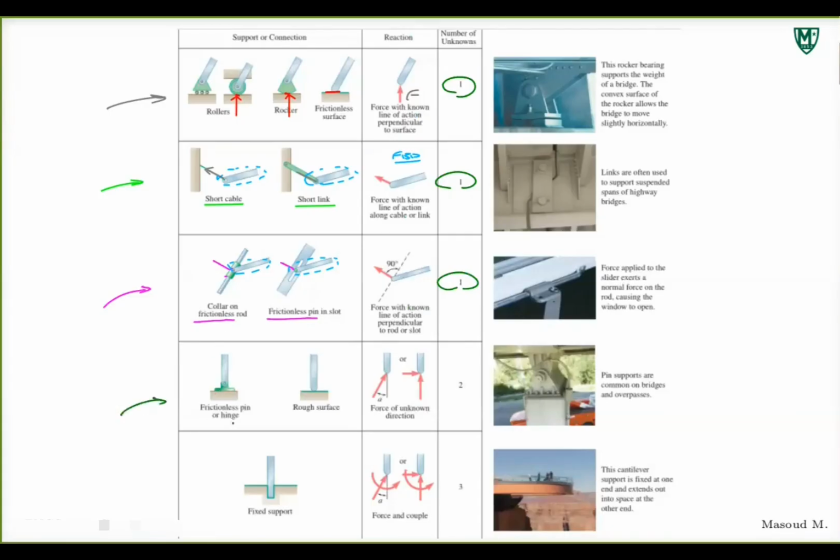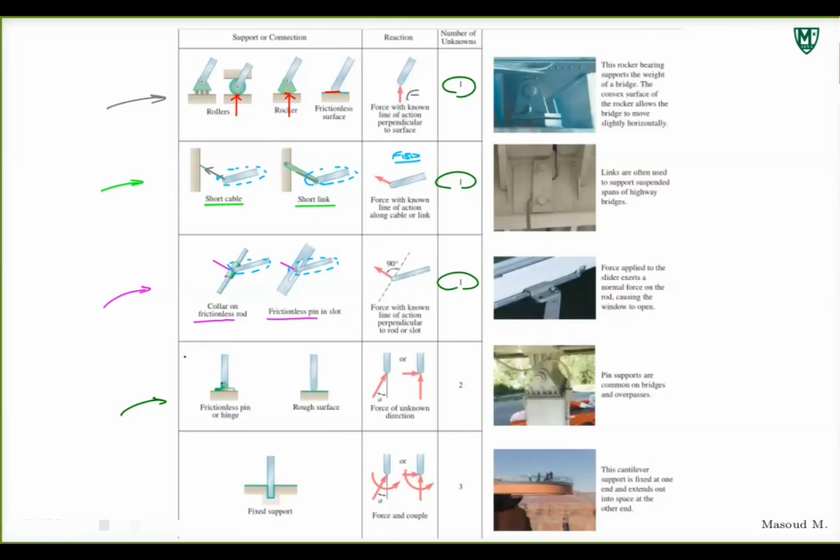Frictionless pin or hinge, right? The pin is a kind of contact, a kind of support, that you can rotate around. Right? If it's a pin, you can rotate around it, but you can't move in any upward or X direction. You cannot move in any direction. So there is no X or Y possible movement. There is only rotation.